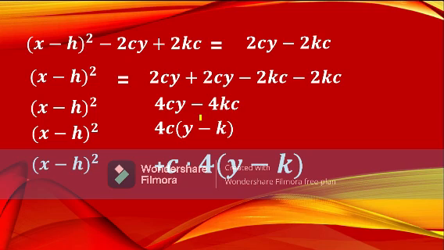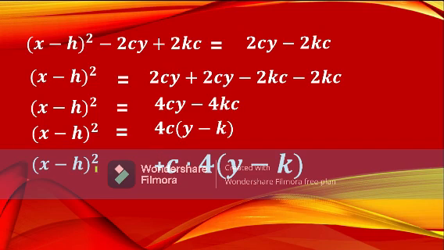Okay. So we have (x minus h) quantity squared is equal to 2cy plus 2cy, that's 4cy. Then negative 2kc minus 2kc, that's negative 4kc. So let's continue. Copy (x minus h) quantity squared is equal to 4cy minus k.